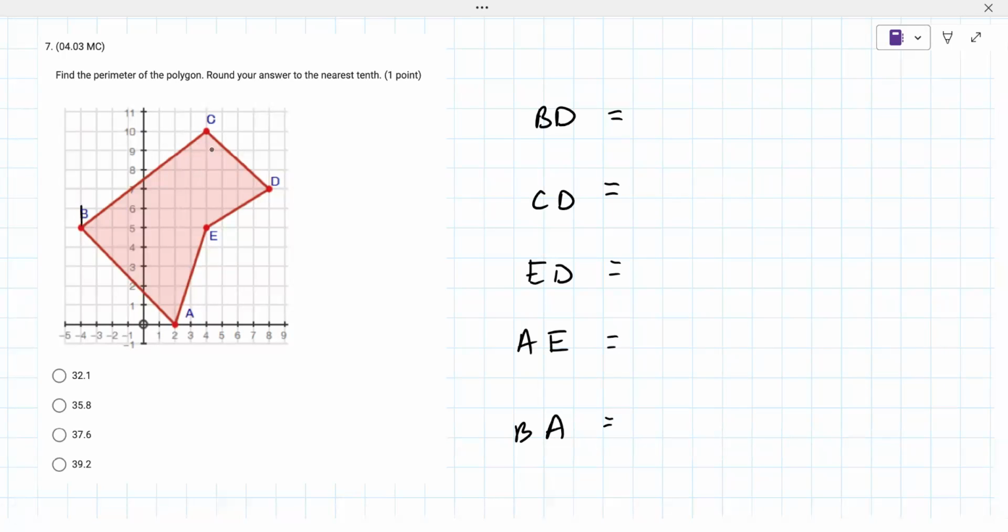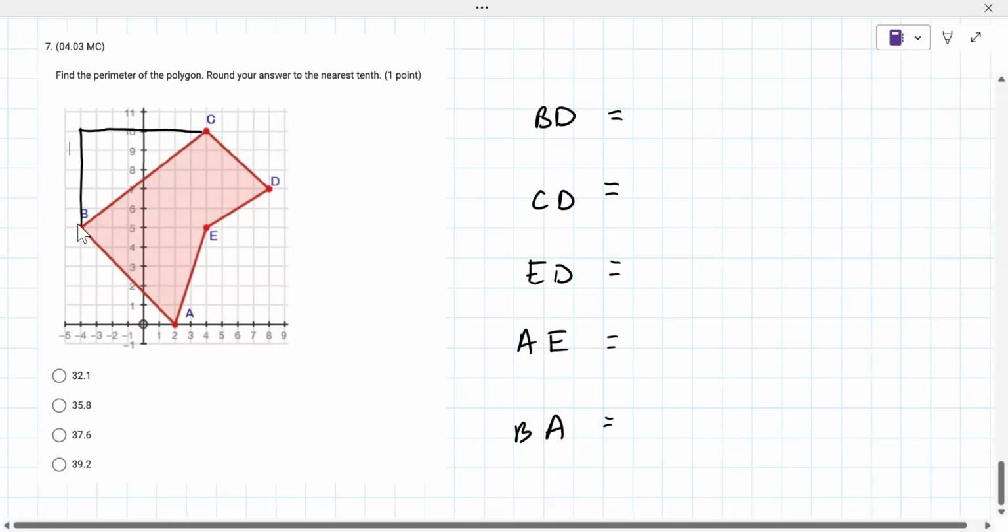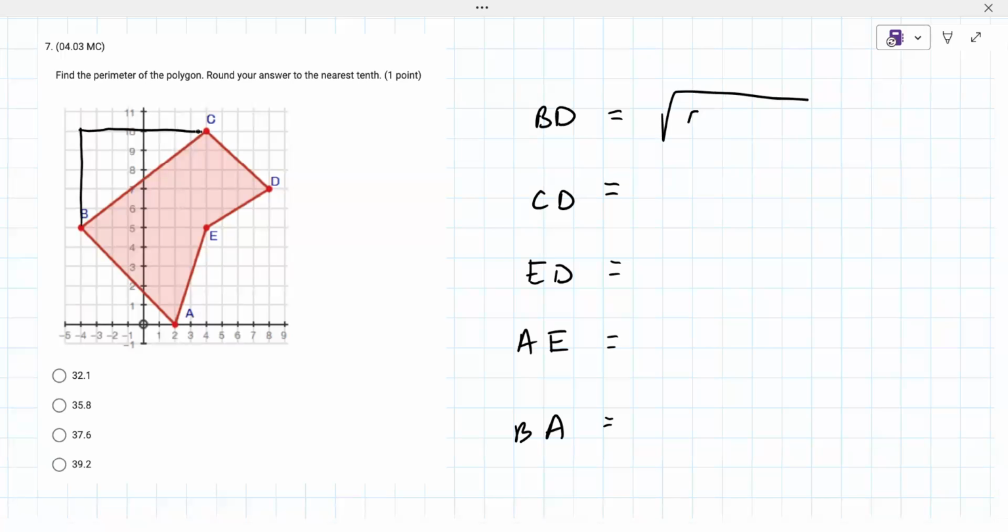So, like from B to C, wait, couldn't you use the distance formula as well? You can, if you want to label all the points. I'm gonna just count the squares, that makes sense, because you go up 5 and then you go right 8. So that's the square root of 5 squared plus 8 squared. CD, you do the same thing.